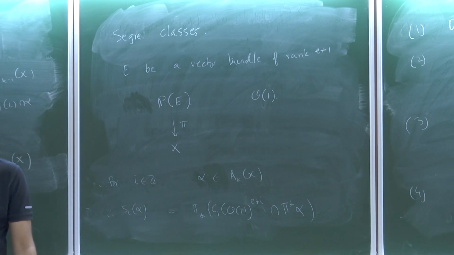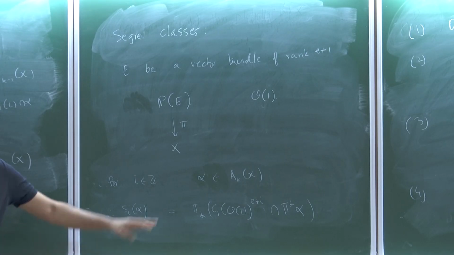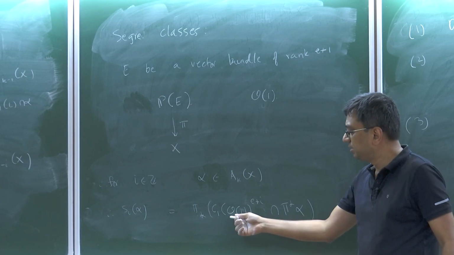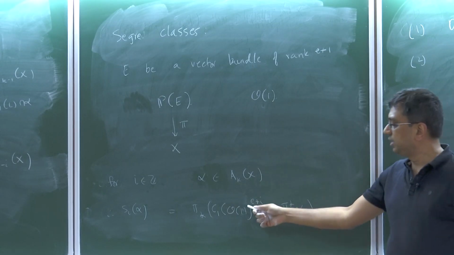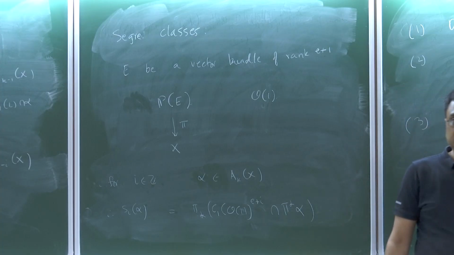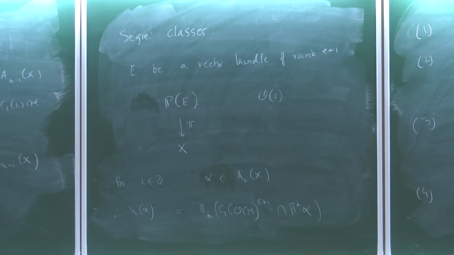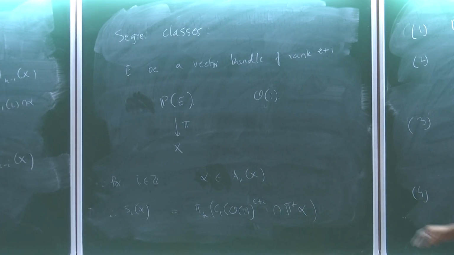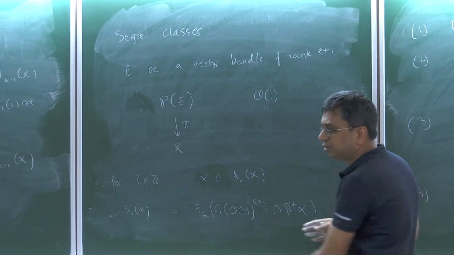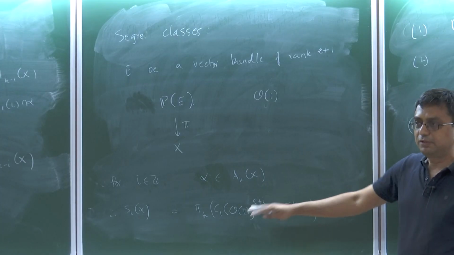Right now, don't worry about the exact formula. You'll soon start. It's not actually very complicated. I'm just taking the first Chern class of O(1), raising it to the power e plus i, and then capping it with the pullback and pushing it forward. Okay, I don't have O(1) below. Otherwise, I would have done it below only. So it looks lengthy on the board, it's not a very complicated formula, but the formula is not important.